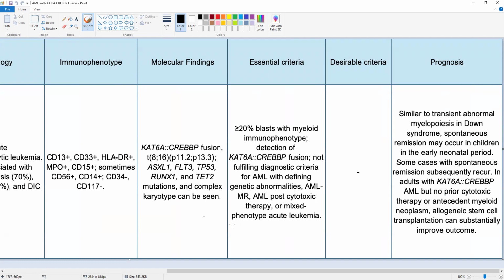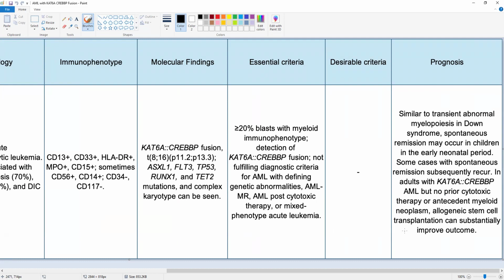To make this diagnosis, you need at least 20% blasts with myeloid immunophenotype. You need the CAT6A CREBBP fusion, and the leukemia should not be fulfilling diagnostic criteria for AML with defining genetic abnormalities, AML myelodysplasia related, AML post-cytotoxic therapy, or mixed phenotype acute leukemia. The prognosis of this condition is similar to transient abnormal myelopoiesis in Down syndrome.